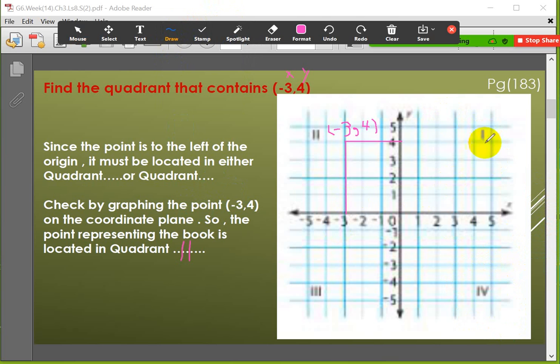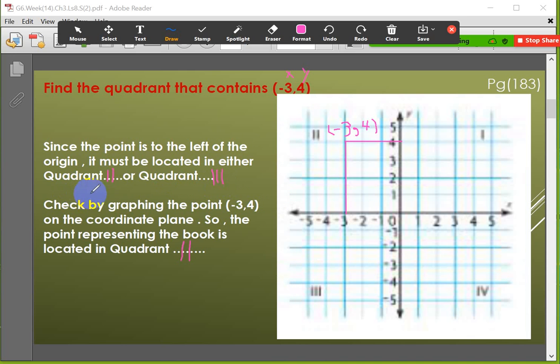This is number 1, number 2? No. Okay, they said that it will be in quadrant 2 or in quadrant 3. This is a question. It must be located in either quadrant 2 or quadrant 3.